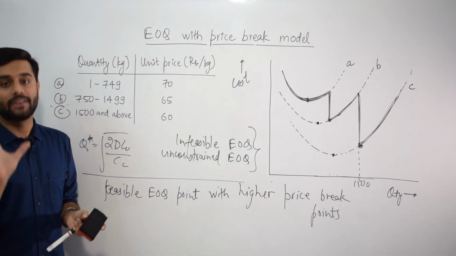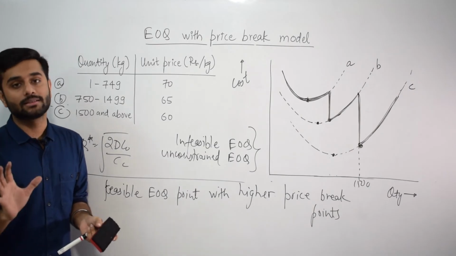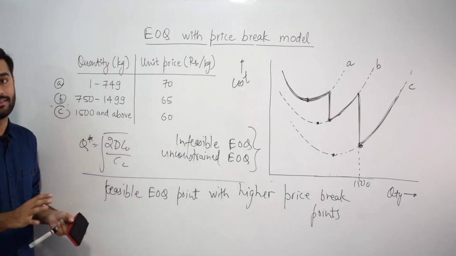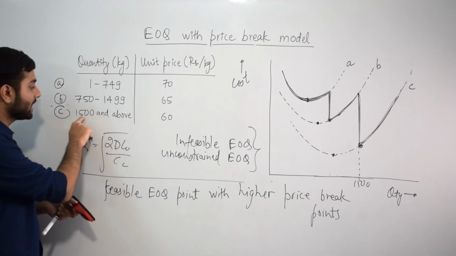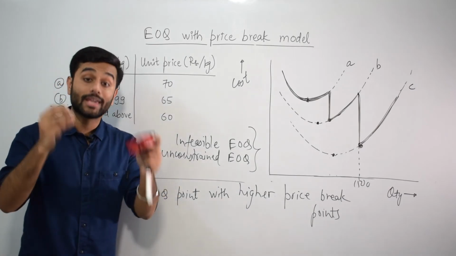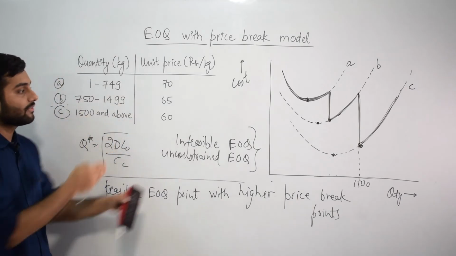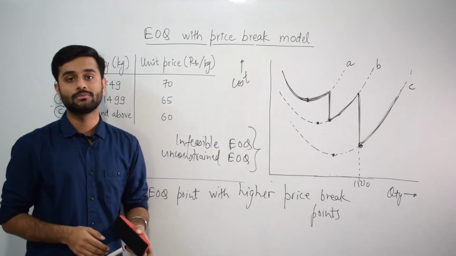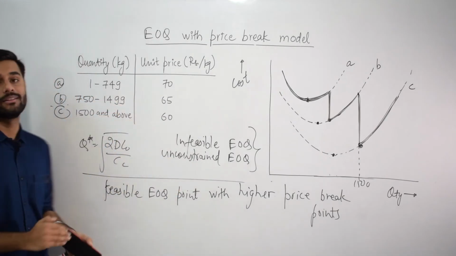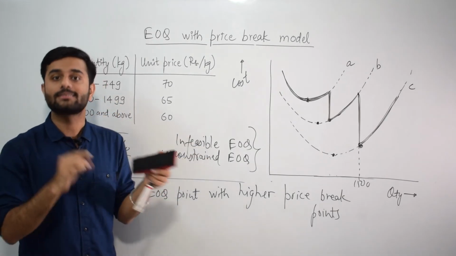What will be the best way in which you can quickly get the answer? Suppose the EOQ came in the first slab itself. You are finding the EOQ for 1500 and above, and if the EOQ came in this region itself, meaning C has a feasible EOQ, the answer will be C itself. You don't need to calculate for other price breaks. That is why understanding this is important.